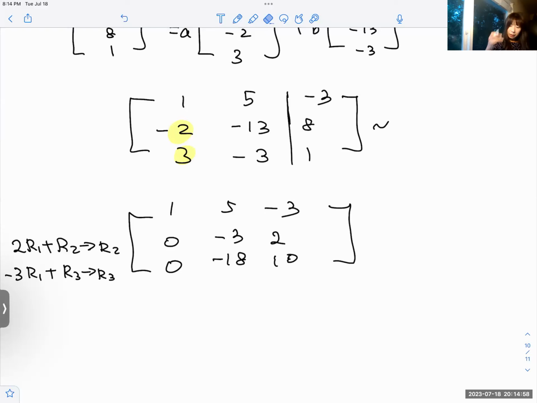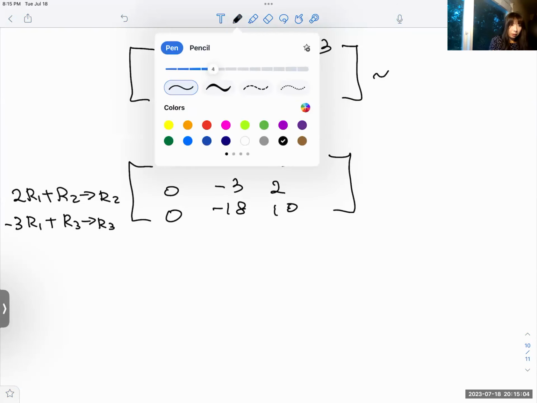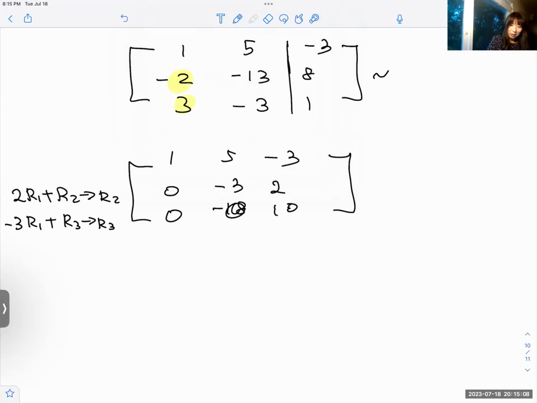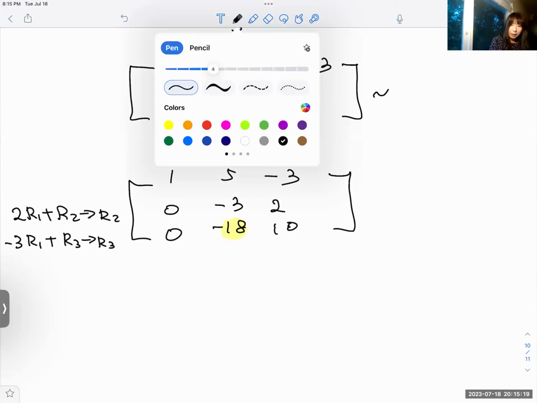All right, then we want to make a 0 here. So how do you, add 6 of row 2, excellent, yeah, add 6, yes.